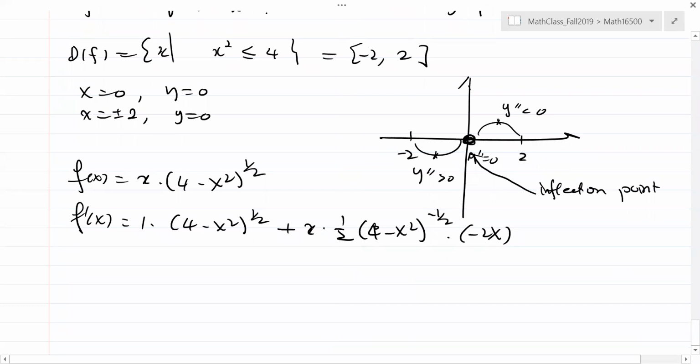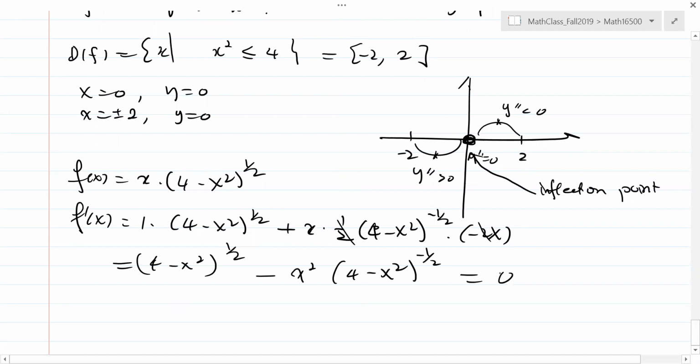Okay. So I'm going to cancel this 2. So I get (4 minus x squared) to the 1/2 minus x squared (4 minus x squared) to the negative 1/2. The question is how do I solve this equation? I set this to be 0.